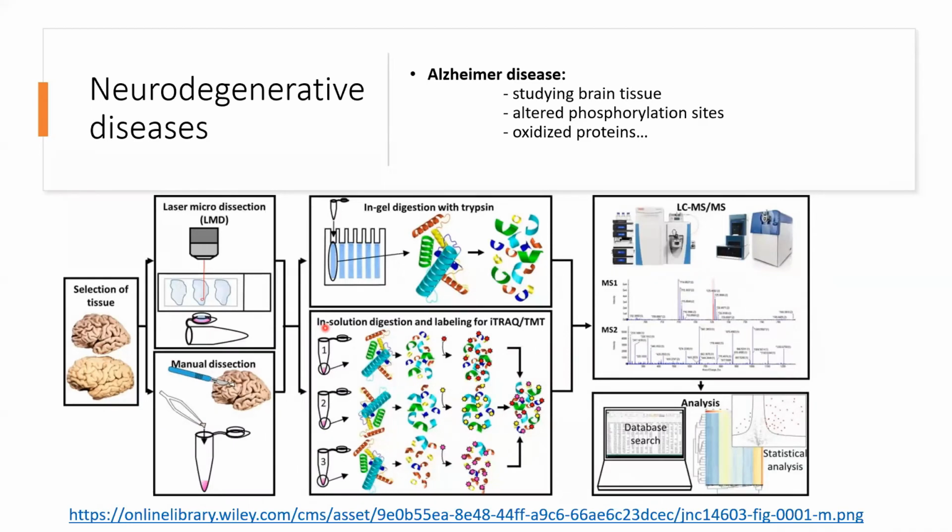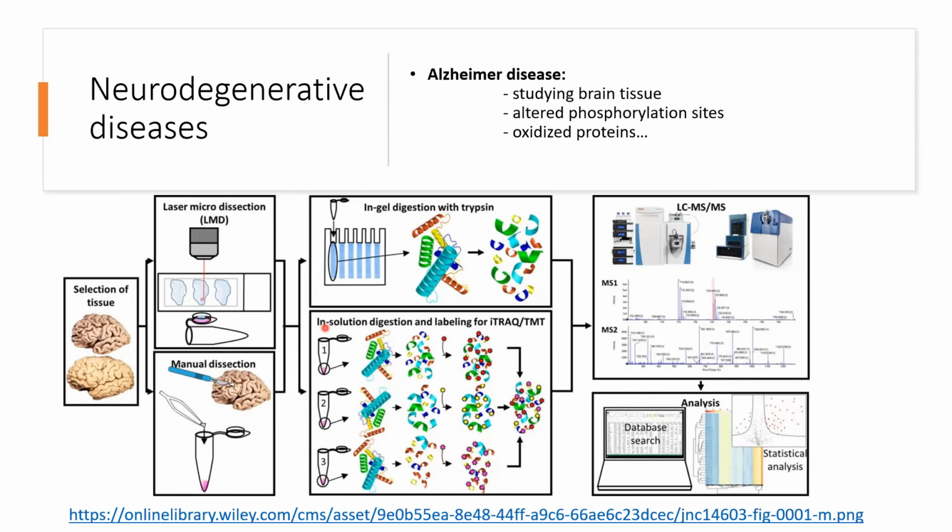Neuroproteomics has been making significant advancement in neurodegenerative diseases through the study of proteomic methods on brain tissue, especially Alzheimer's disease.